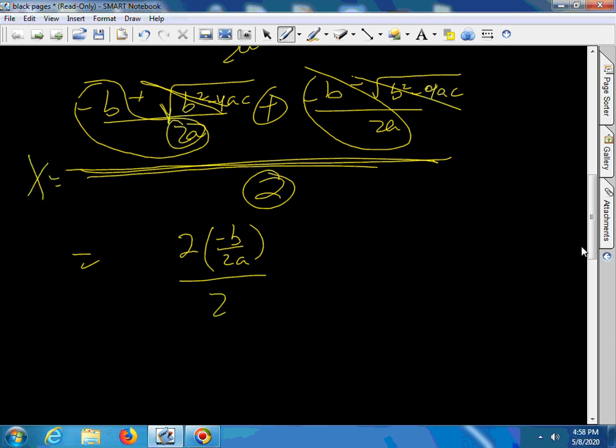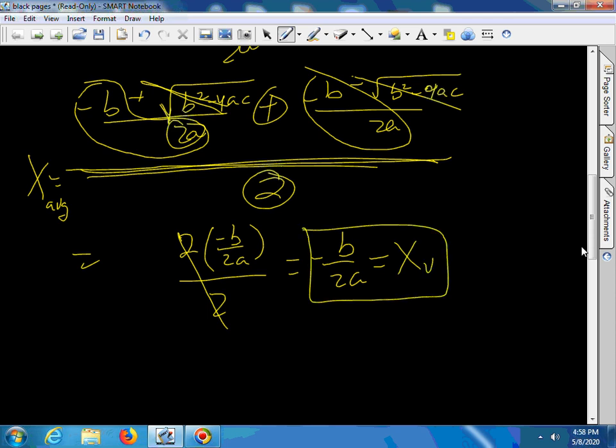And this is the average of the two roots. This cancels out and you get negative b over 2a. We'll call this x sub v. It's the x value of the vertex if it has roots.